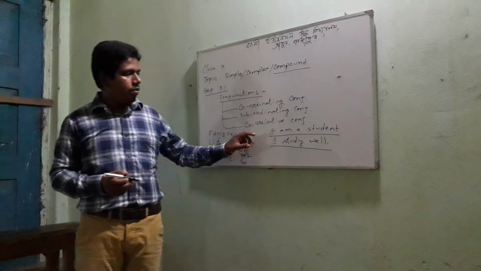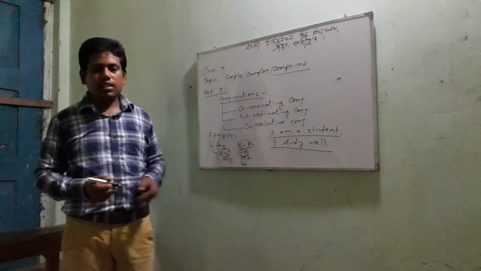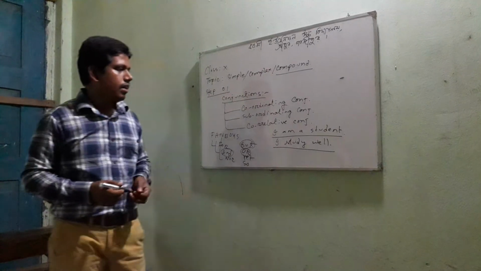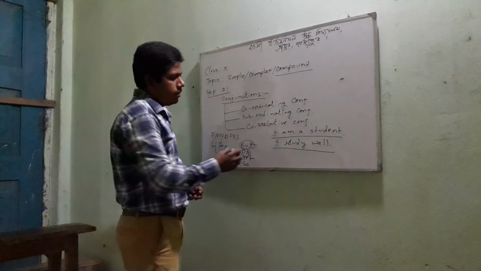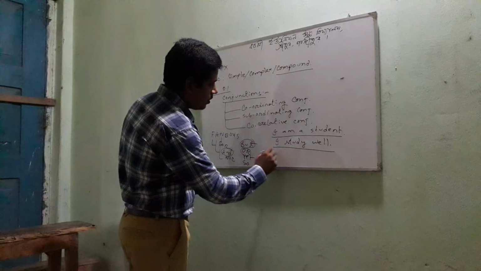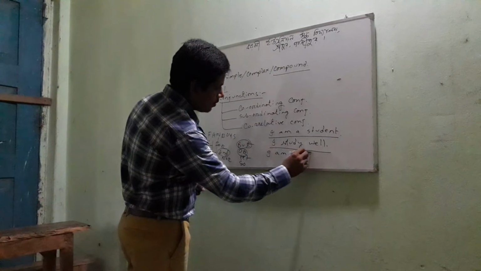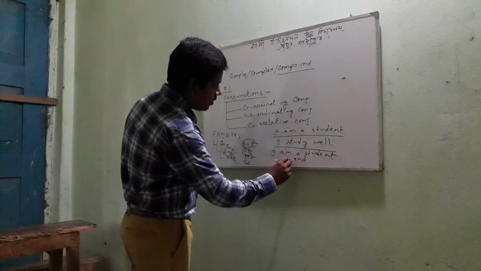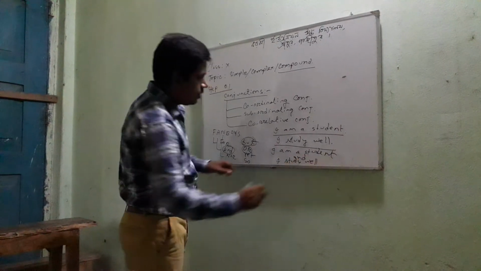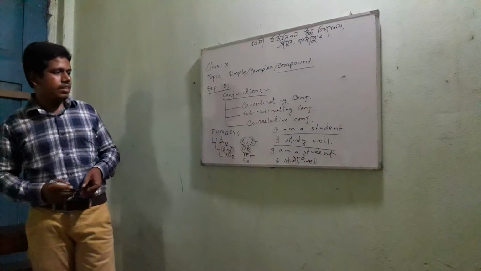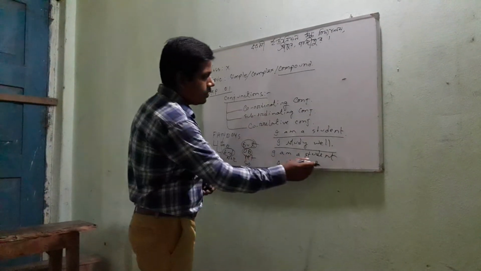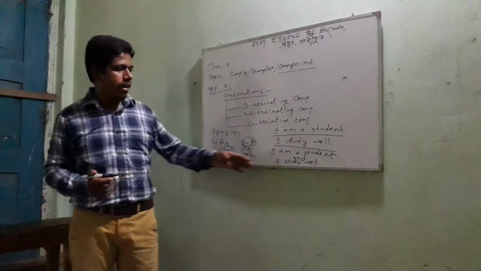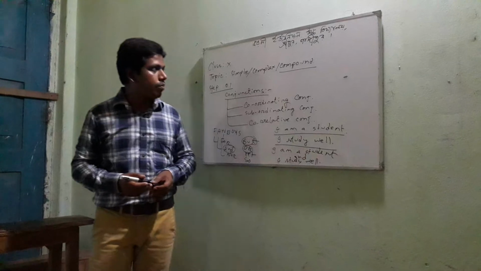And if you combine these 2 sentences, then you will find a compound sentence. How can we combine? If you write, I am a student and I study well. These two sentences are added by and, this is why this is a compound sentence.